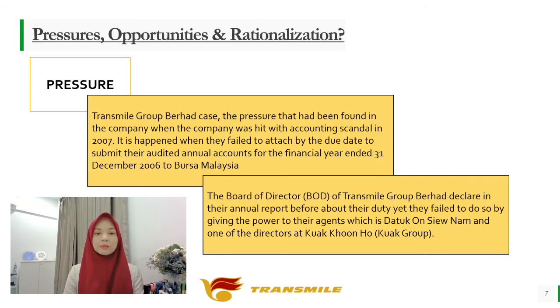Besides that, the board of directors of Transmile Group Berhad declared in their annual report about their duty, yet they failed to fulfil it by giving the power to the agent, Dato' Ong Siew Nam, and one of the directors, Kwak Kun Ho, of Kwak Groups.